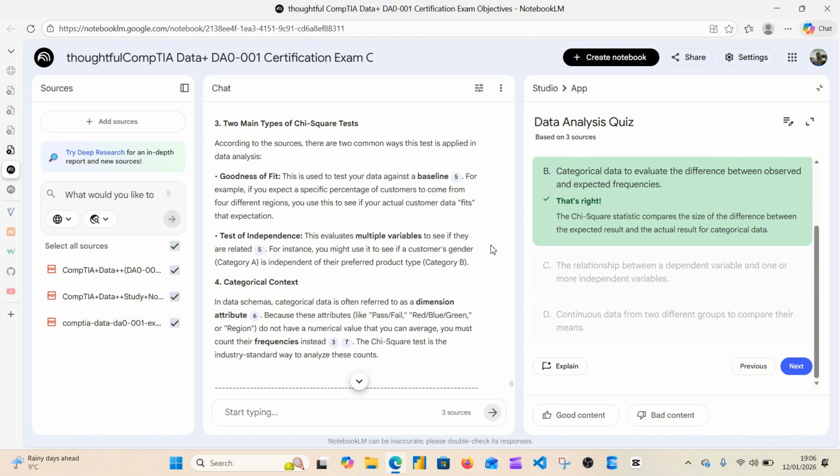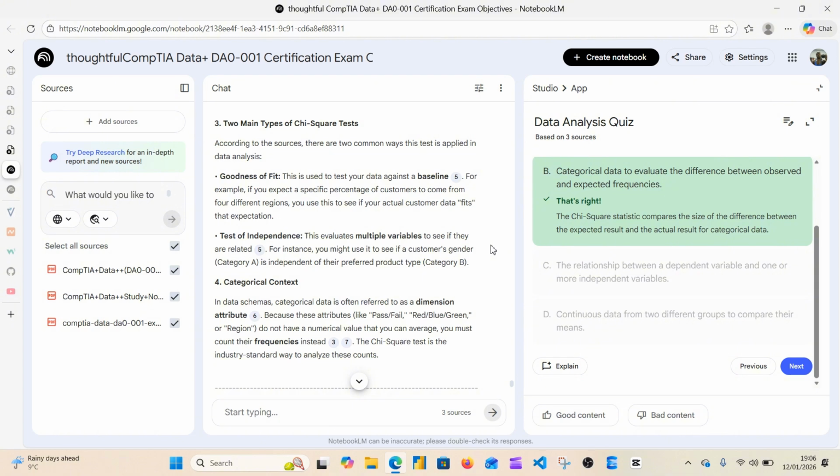Test of independence. This evaluates multiple variables to see if they are related. For instance, you might use it to see if a customer's gender, category A, is independent of their preferred product type, category B.